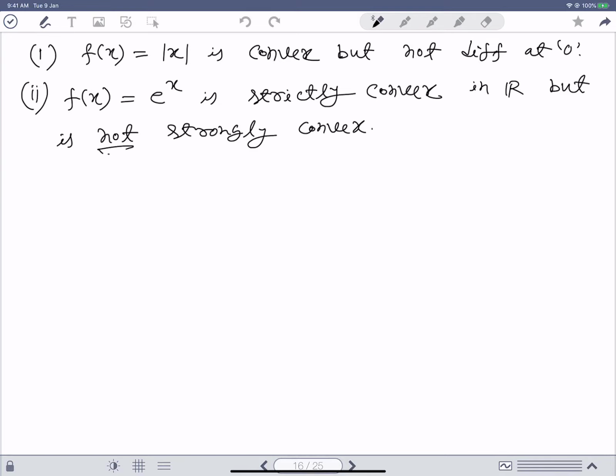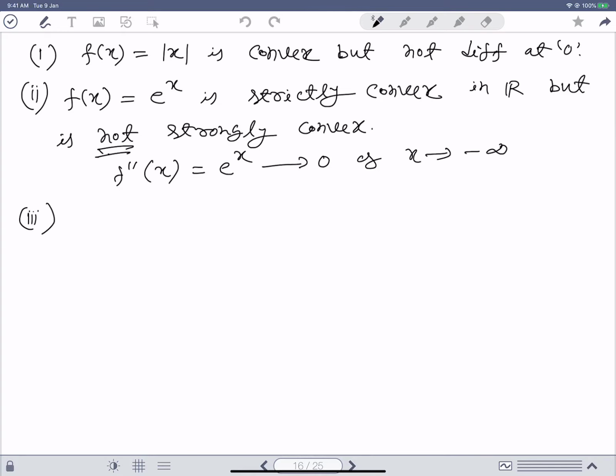This is a common mistake, because f double dash x is again e to the power x, and it tends to 0 as x tends to minus infinity, right? So we cannot find any m.